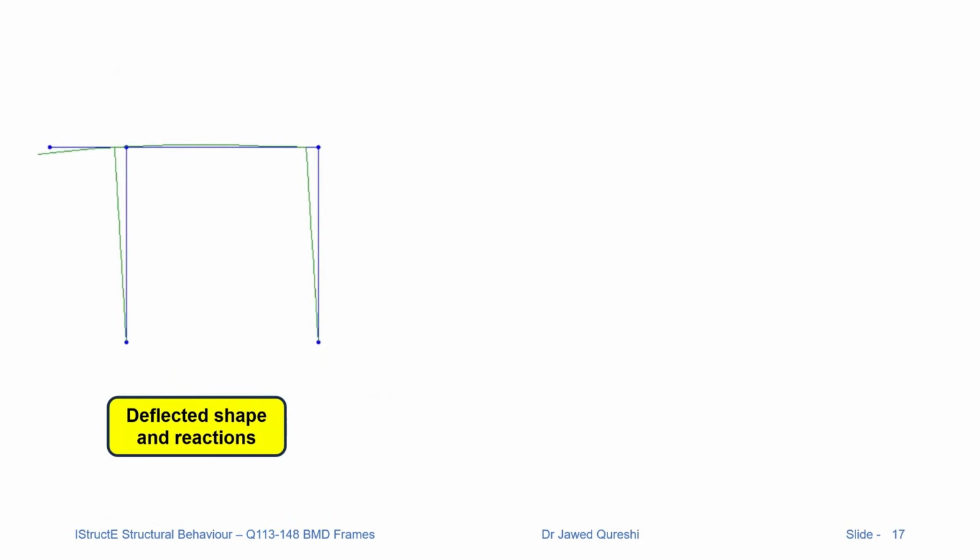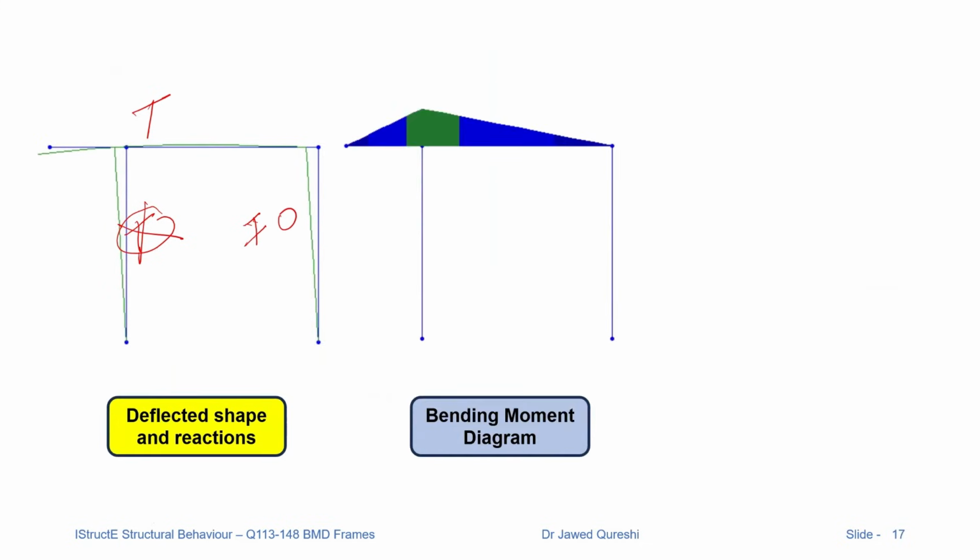And note that we have tension over here, and the column remains straight, so there is no tension here as well. And as a result, we will have a bending moment diagram which is in hogging.